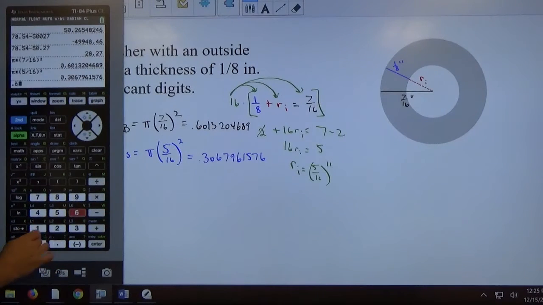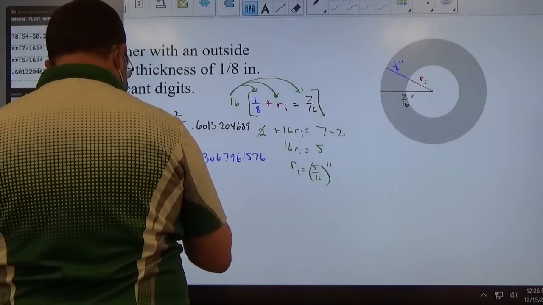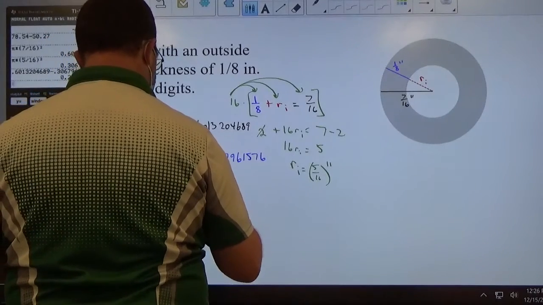So 0.6013204689 minus 0.306796156 equals 0.2945 and so on. So the area of the washer is going to equal 0.2945.